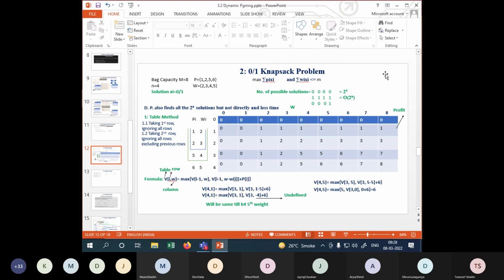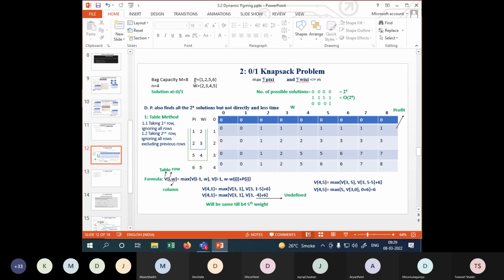Because it is like you have to steal a refrigerator, you can't take one part of the fridge and leave the remaining as such. Either you take it completely or leave it completely. That's 0 and 1. And this problem is solved using dynamic programming. This is very important. The fractional one we solved using the greedy method.